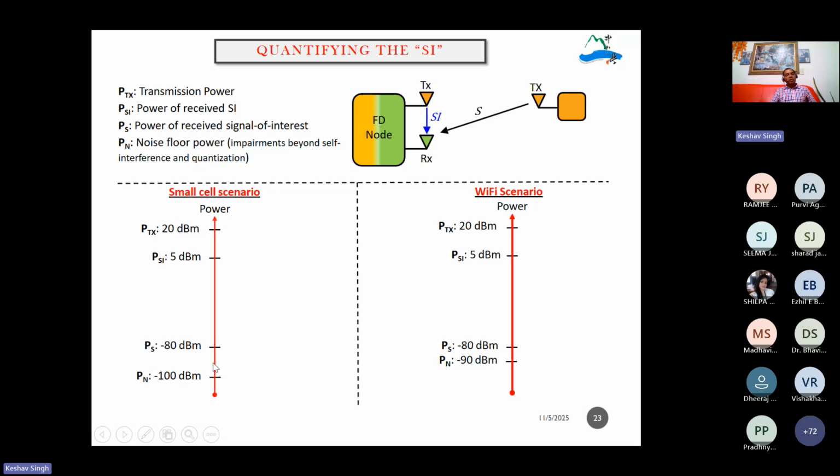What is the signal power? The received signal power is dominated by SI. We need to bring this SI below the noise level.